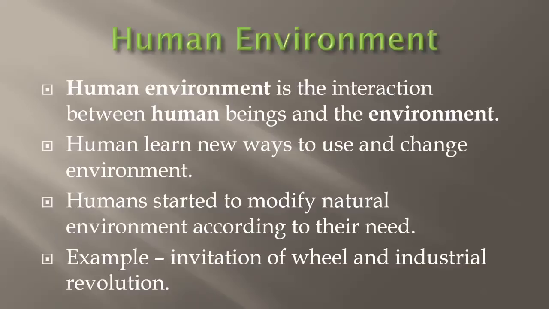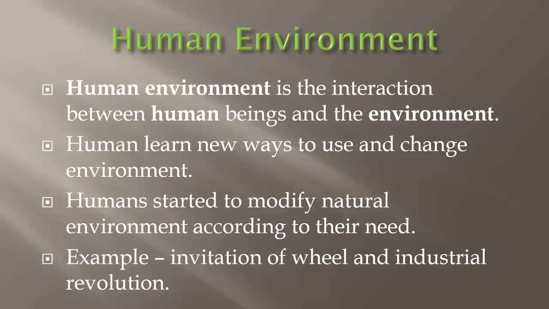Now, what is the human environment? Human environment is the interaction between human beings and the environment. Humans learn new ways to use and change the environment. Here we discussed the example of a bench from your classroom.